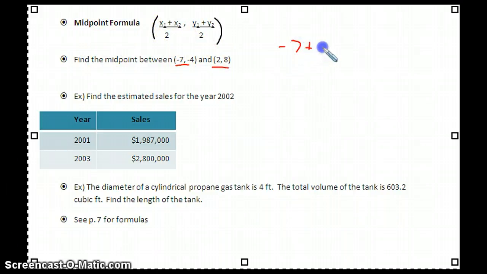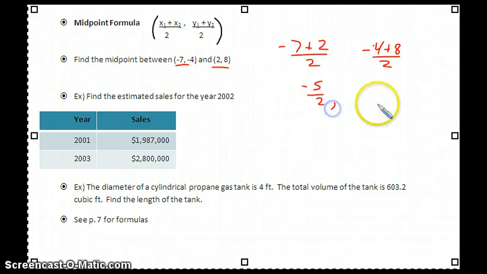And again, we add up the y's and we divide by 2. So that ends up giving me negative 5 over 2, and this would end up being 4 over 2. Reduce when you can. We end up with negative 5 halves, comma, 2.